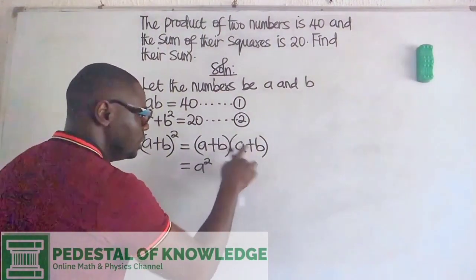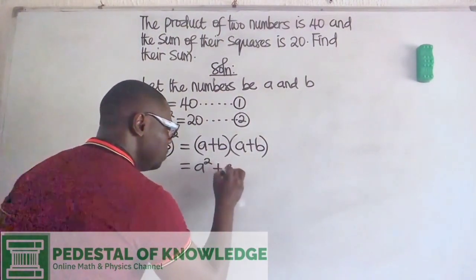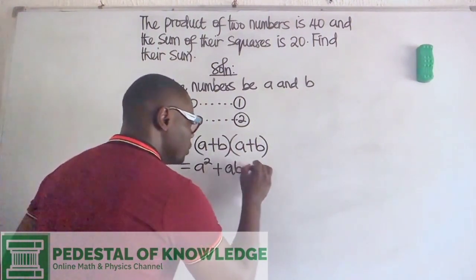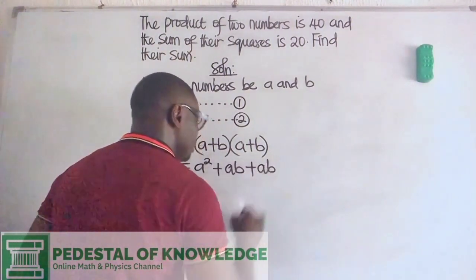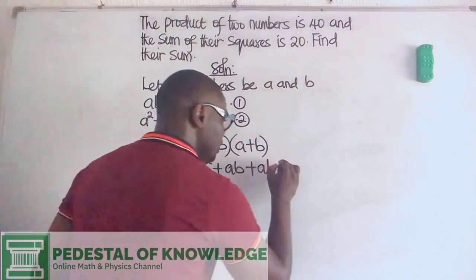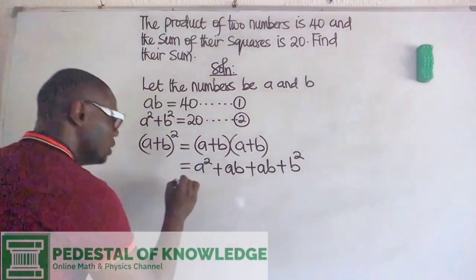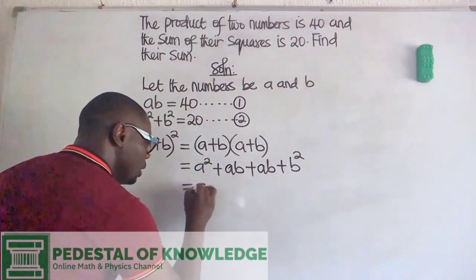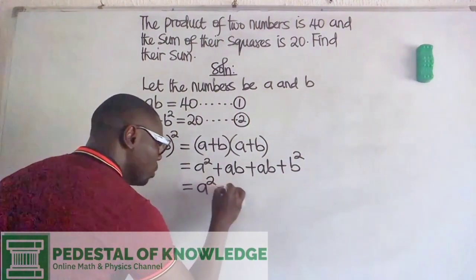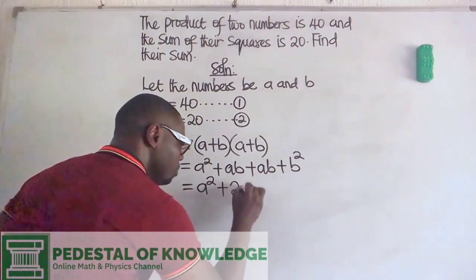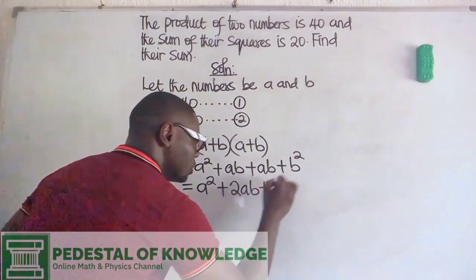A times B will give us AB. B times A will give us AB. And B times B will give us B squared. Okay, now this is equal to A squared plus AB plus AB, which gives 2AB, plus B squared.